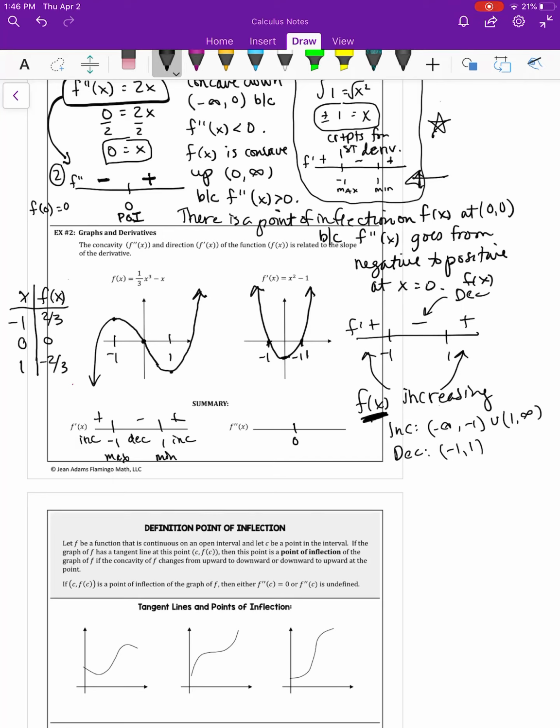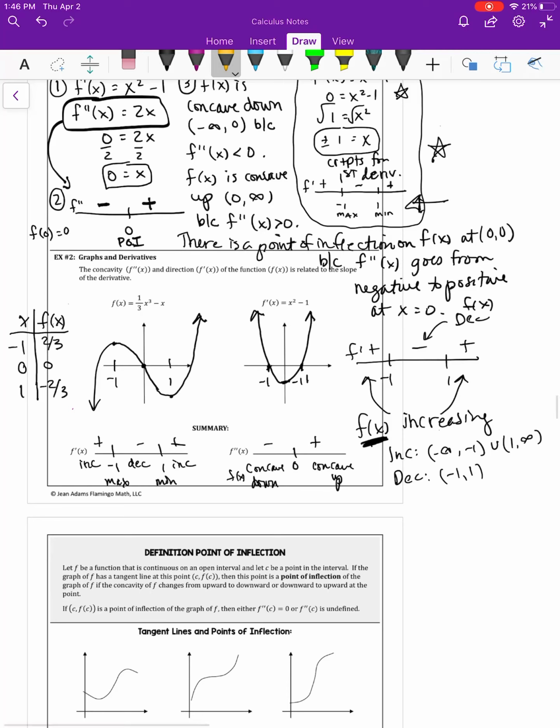For my second derivative, the critical point was 0, and we knew that it was negative and then positive, and that told me that the original function f of x was concave down from negative infinity to 0 and concave up from 0 to infinity. So now, when you're looking at that on the original function, is it telling you the truth?